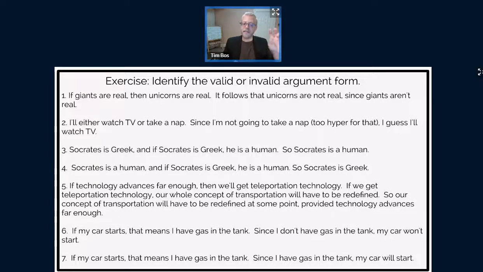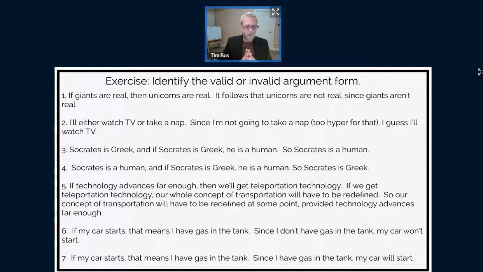So the antecedent says giants are real. The consequence says unicorns are real. Okay? The second premise says giants aren't real. So it's denying something. What is it denying? It's denying that giants are real. Well, giants are real is the antecedent.